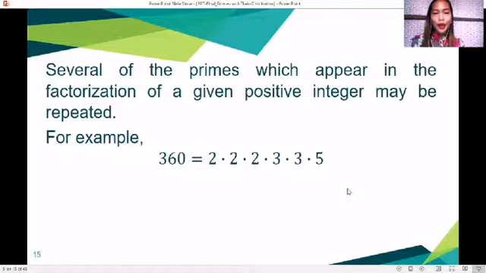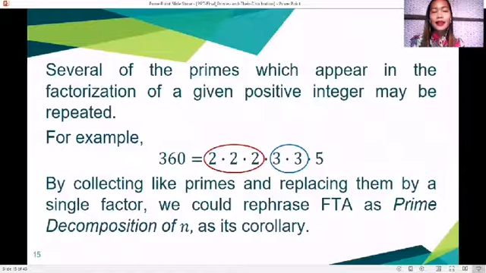For example, 360 is equal to 2 times 2 times 2 times 3 times 3 times 5. By collecting like primes and replacing them by a single factor, we could rephrase the fundamental theorem of arithmetic, or FTA, as prime decomposition of n as its corollary.